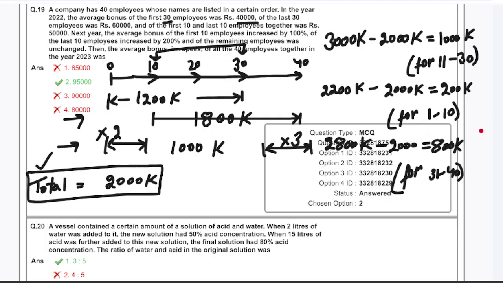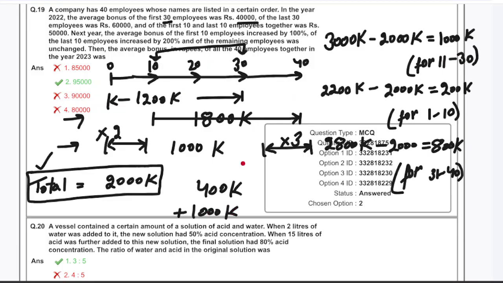Now, what exactly we have to do? A simple thing. They said for the first 10, it was increased to double. For the first 10, which we have 1 to 10, we have 200k. So that become 400 plus 10 to 30, that remain unchanged. So that is we have 11 to 30, we have 1000k. So that will remain same 1000k.